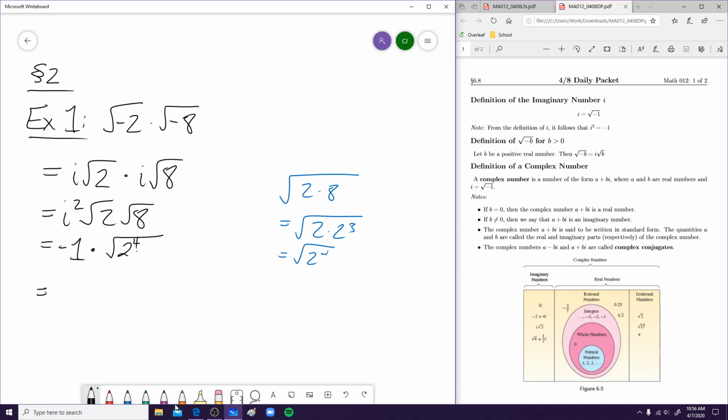We know this can be simplified even more because the power is greater than our index. The square root of 2 to the 4th is 2 squared, because the square root can be written as the 1/2 power, and 4 times 1/2 is 2. So then our final answer is negative 4.